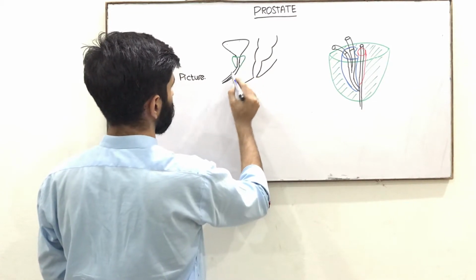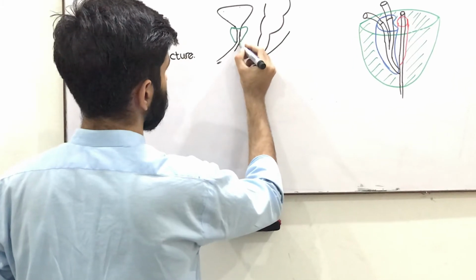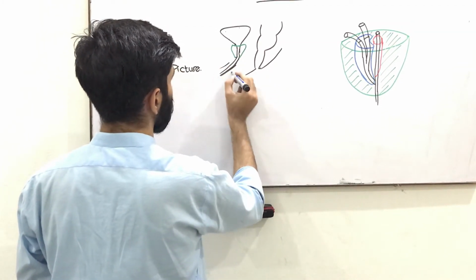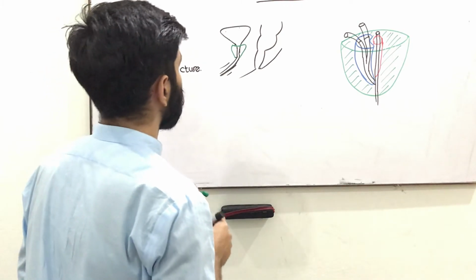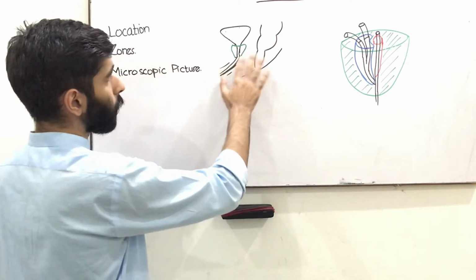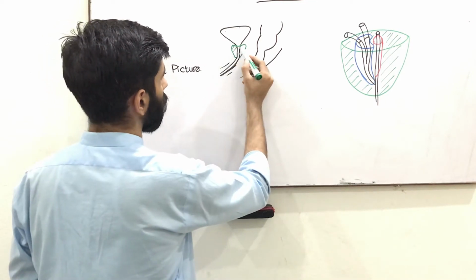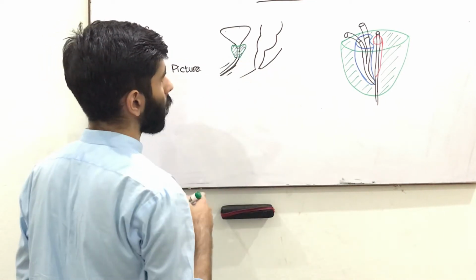This is the urethra. And here will be the penis. So it is almost equal to the size of a walnut, and it is present below the bladder in front of the rectum.